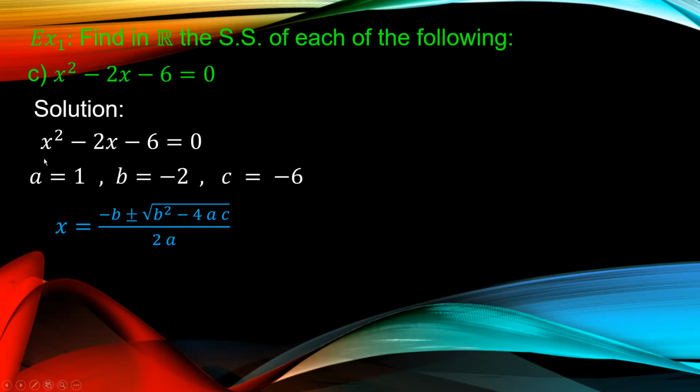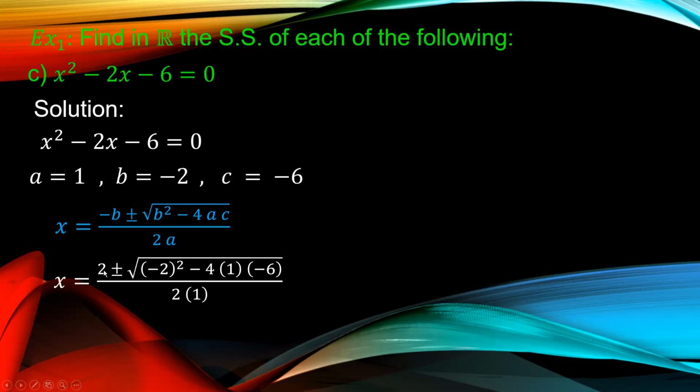A here equals 1, b equals negative 2, c equals negative 6. Then, again, the general formula: x equals negative b plus or minus root b power 2 minus 4ac over 2a. I can use the general formula to find the solution set of this equation.